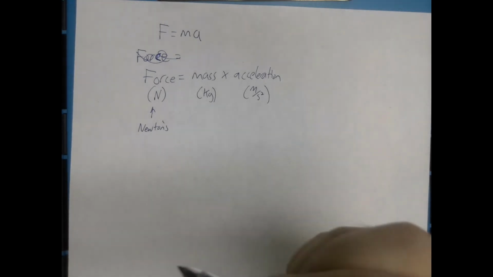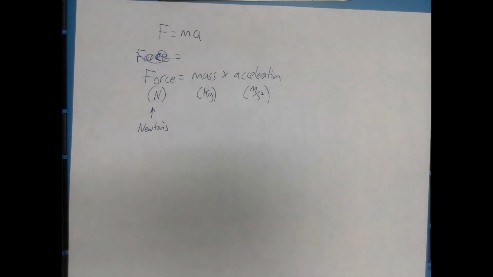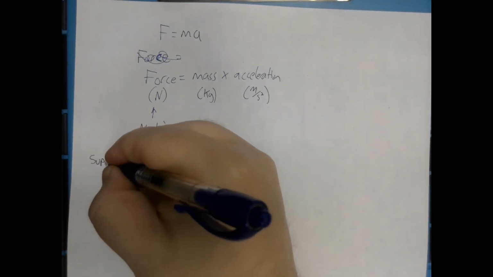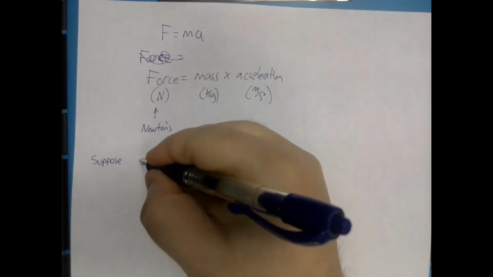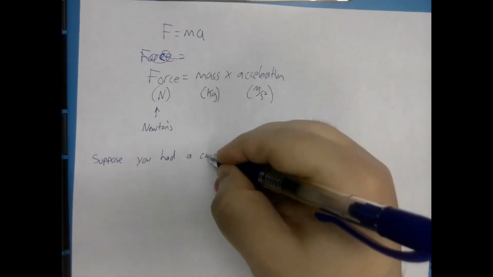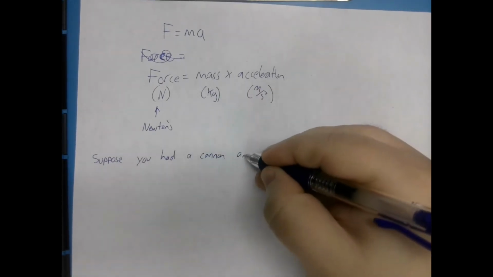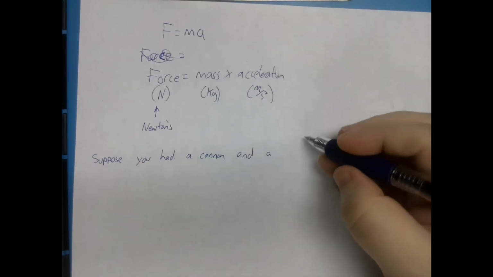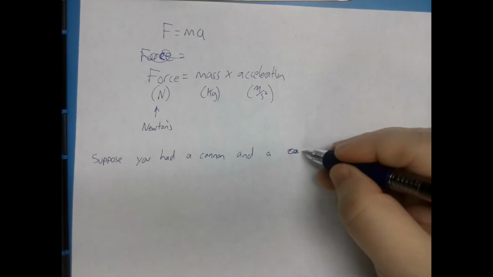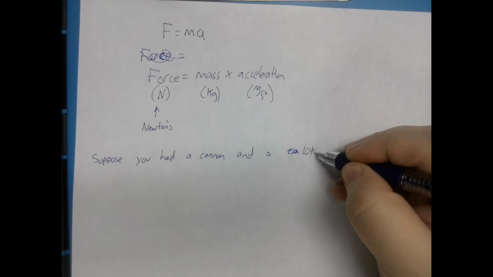I was going to work out some F equals ma examples. So, suppose you had a cannon and a 10-kilogram cannonball.